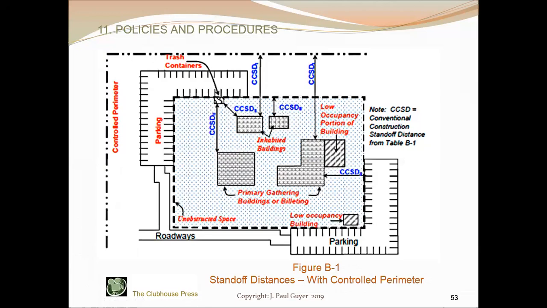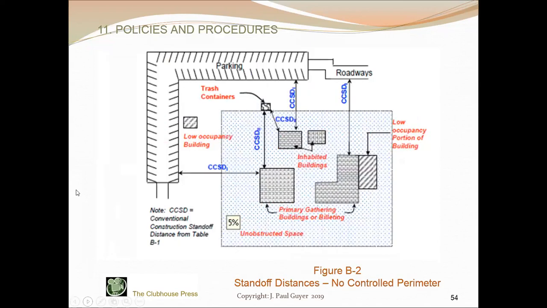So standoff distances, figure B1 with a controlled perimeter. Now here are standoff distances illustrated with no controlled perimeter. Because of the nature of where your building or buildings are located, you can't have a controlled perimeter.